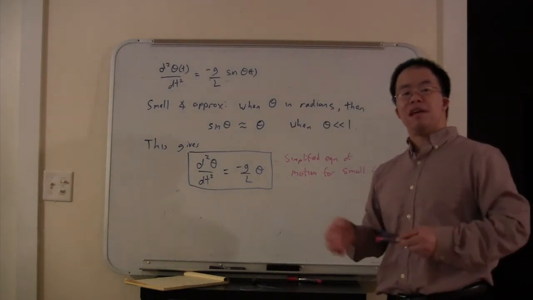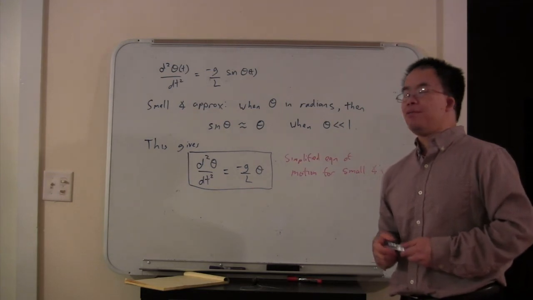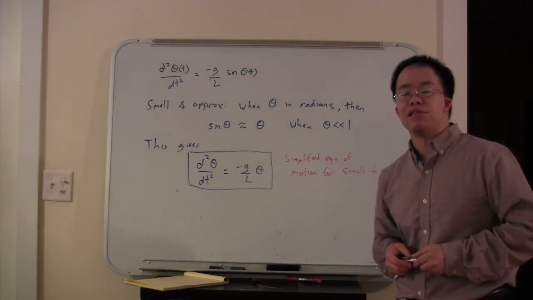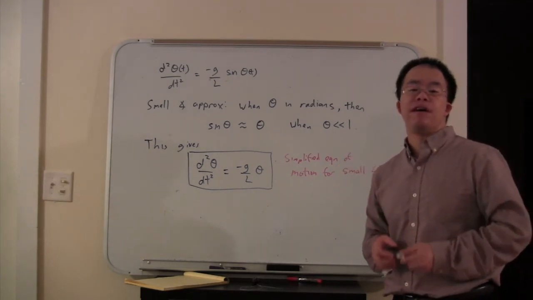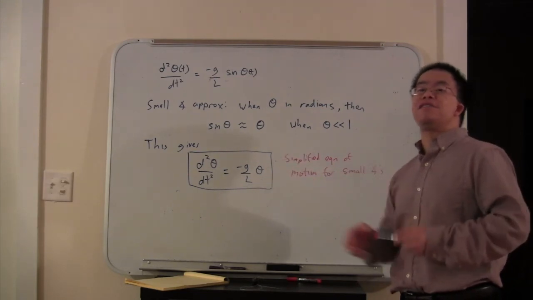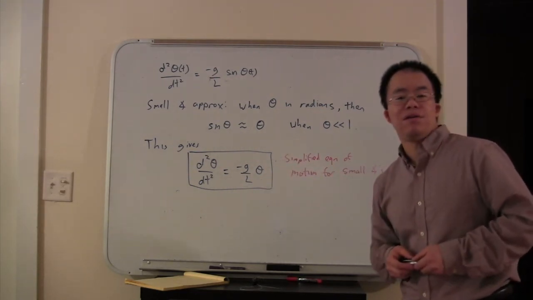So what we'll do next is solve this simplified equation, or show that it admits a solution with the properties we want, and then we'll prove that the period, if this equation is valid, is in fact 2 pi root L over g.